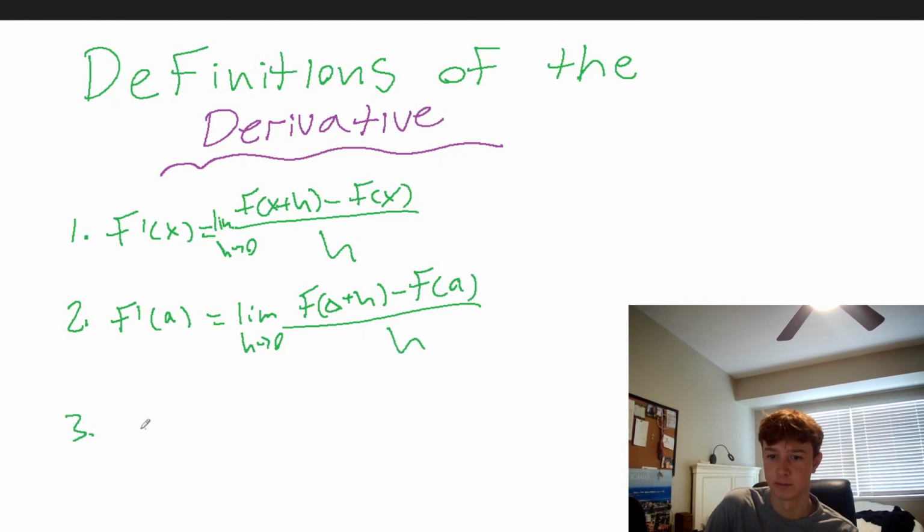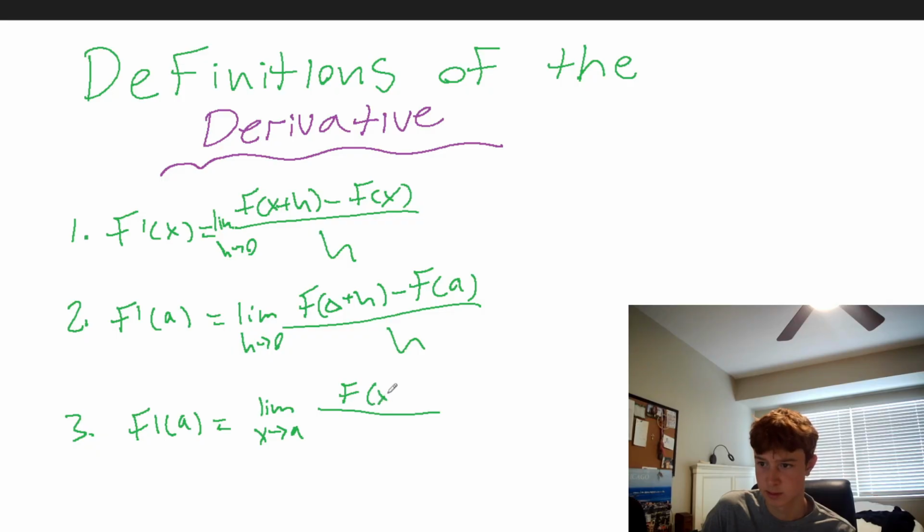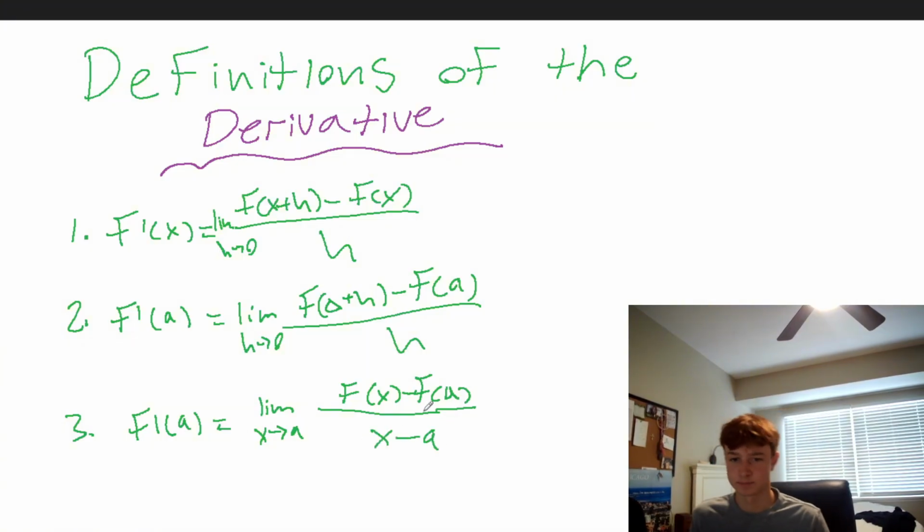And then third, we have f prime of a equals the limit as x approaches a of f of x minus f of a over x minus a.